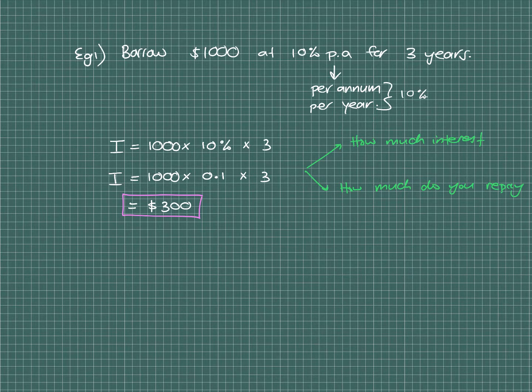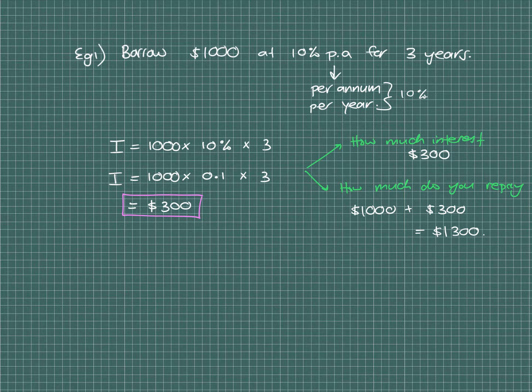If I said how much interest do I have to pay, well, in that case it's the $300. But if it asks how much do I have to repay, well, that's the initial $1,000 that I borrowed added on to the extra $300 that I'm having to pay in interest, which means I have to repay a total of $1,300.